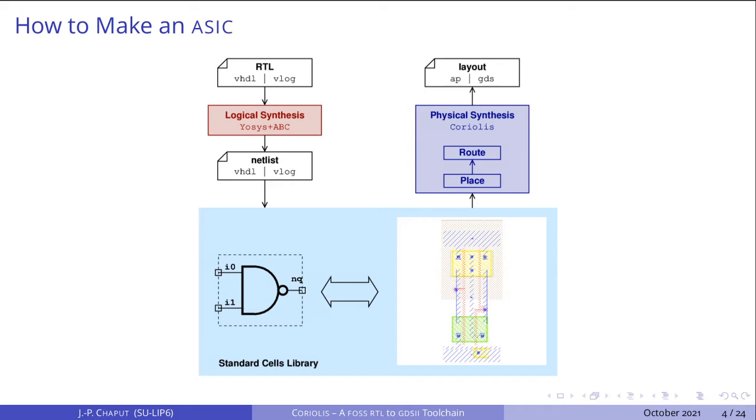Once we have done this step of breaking things down, we reassemble the whole thing in the shape of a layout using the place and route steps. And what you get in the end is either a symbolic layout, this is the AP file, or a real layout, this is a GDS2 file. We will see in the next slide what is the difference between a symbolic file and a real layout.